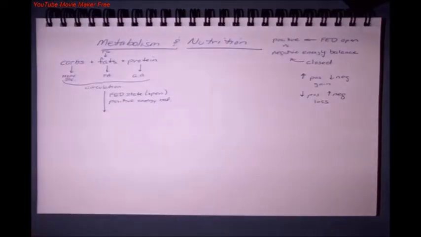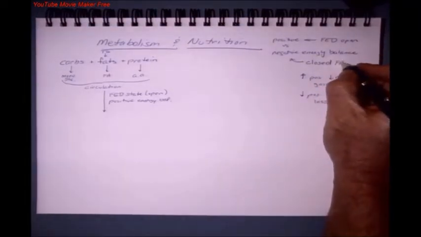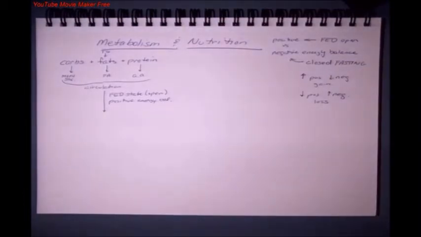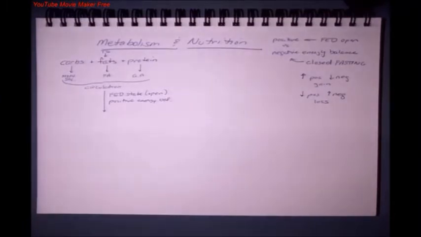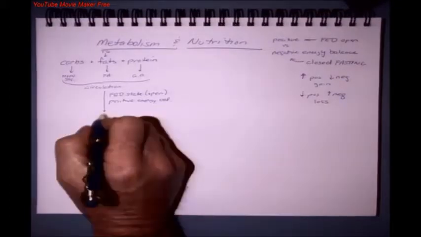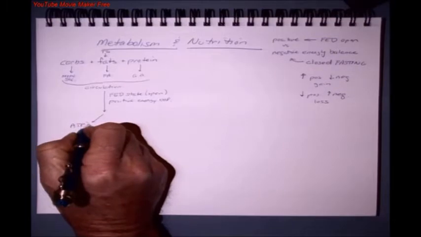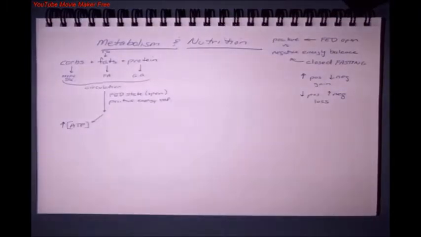So the first thing the body's going to do whenever you take in food is recognize that you've gone from a fasting state, which is the closed state, where the body is using what you have, and it's going to start saying, okay, the first thing I need to do is restore my energy level. And restoring energy level is the body's way of getting the ATP concentration up.